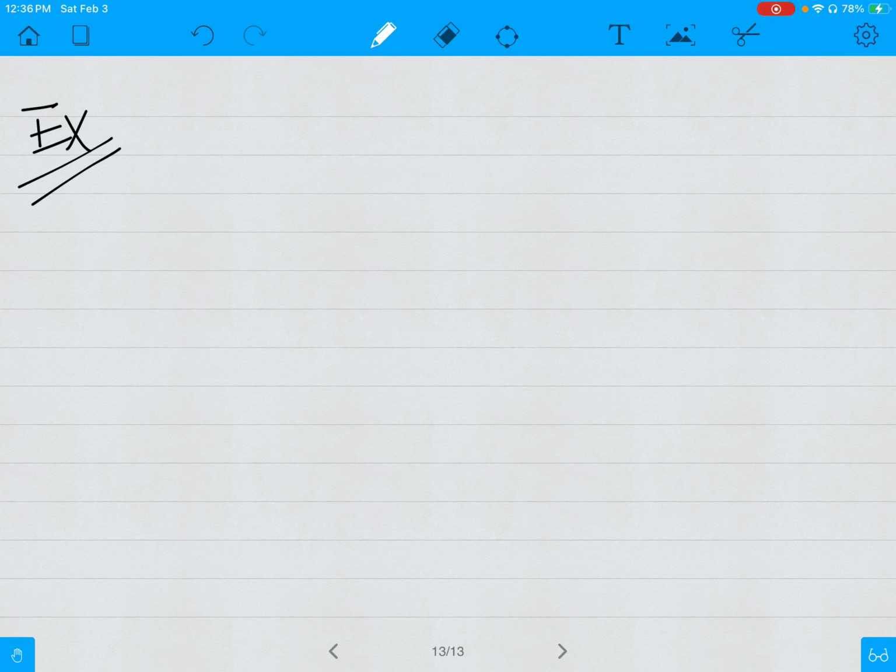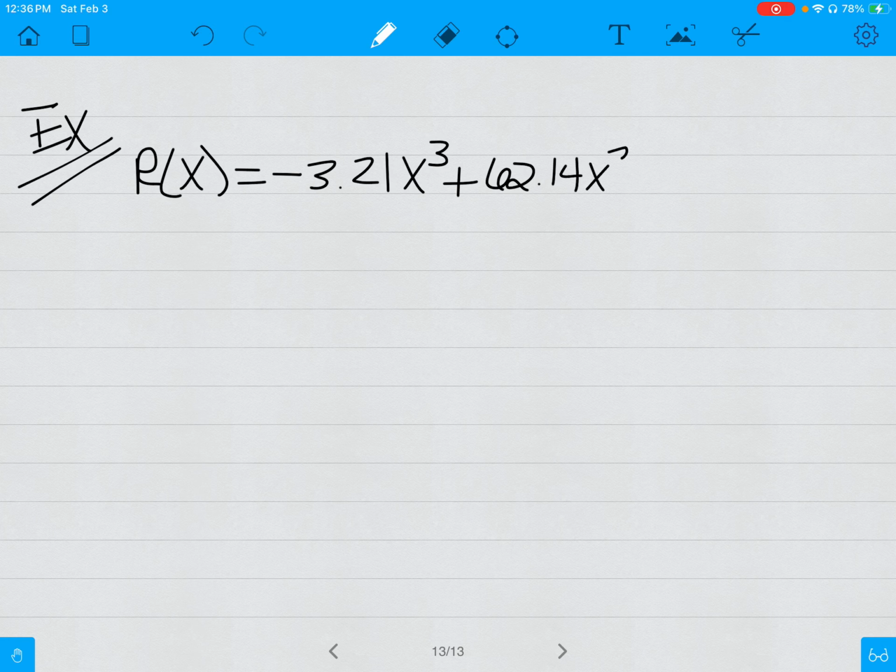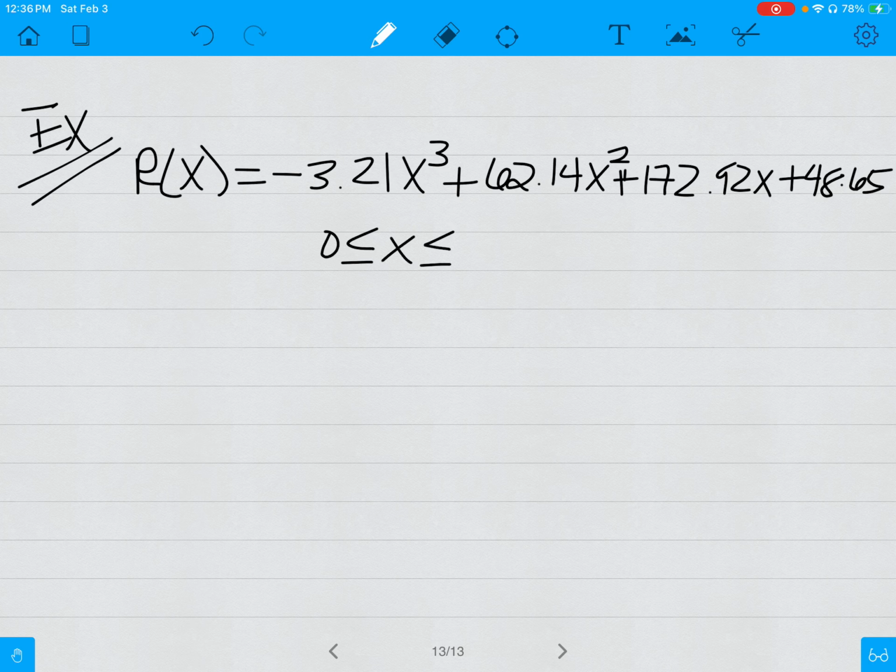So we have a revenue function, and it is negative 3.21x cubed plus 62.14x squared plus 172.92x plus 48.65. And that's for 0 less than or equal to x less than or equal to 14.